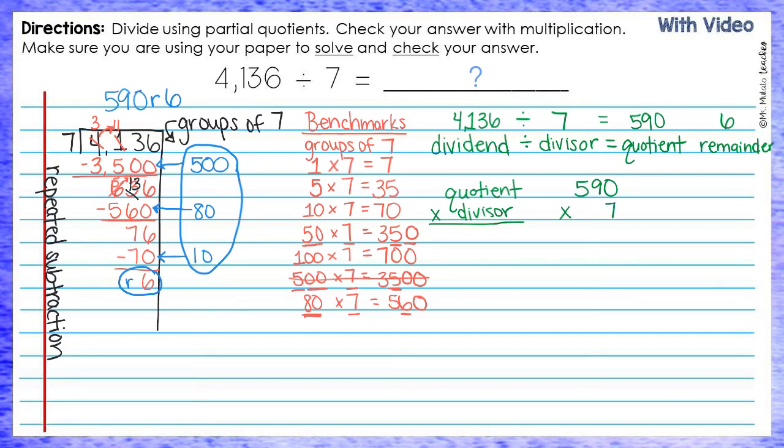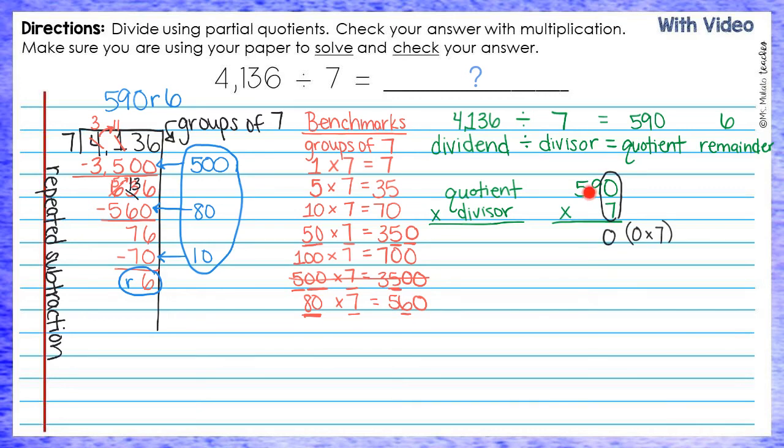So go ahead and pause the video so that you can multiply this. I'm going to multiply using partial products. So that's where I multiply the ones times the ones. I have 0 times 7. 0 times 7 is 0.